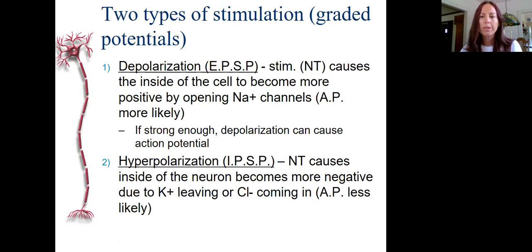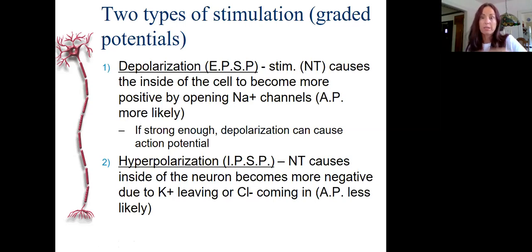Okay, well, it all starts with something called a depolarization. There are a couple of different kinds of stimulation. You can have a depolarization and a hyperpolarization. Depolarization will take you closer to an action potential. A hyperpolarization will take you away from an action potential. First, let's talk about the depolarization. This is also called an EPSP, or an excitatory postsynaptic potential.